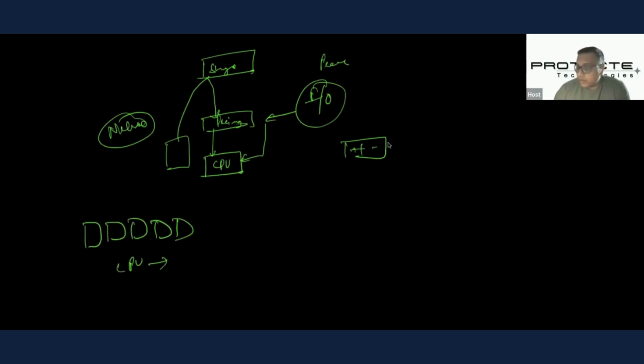Earlier, the CPUs were single core. One single core. That means there was one input bus and one output bus. A stream of data is going, the CPU is processing it and giving it out.